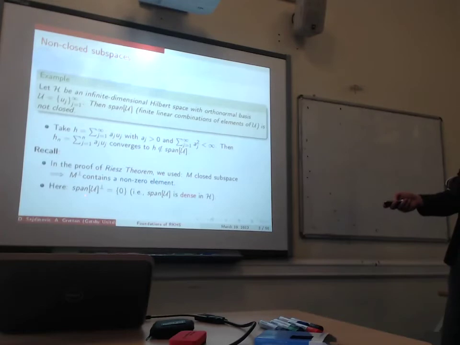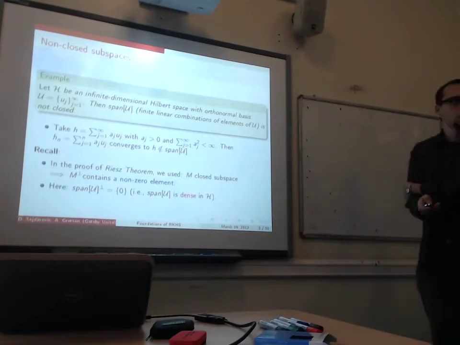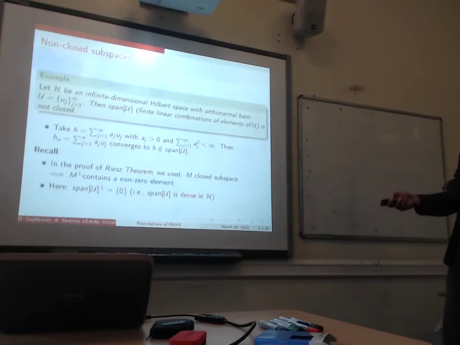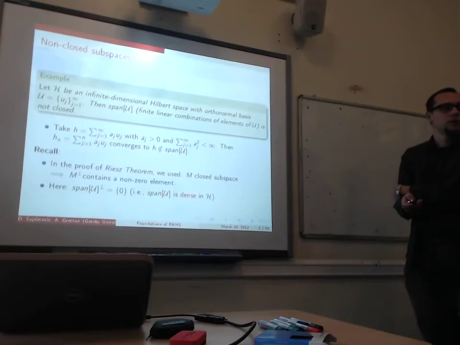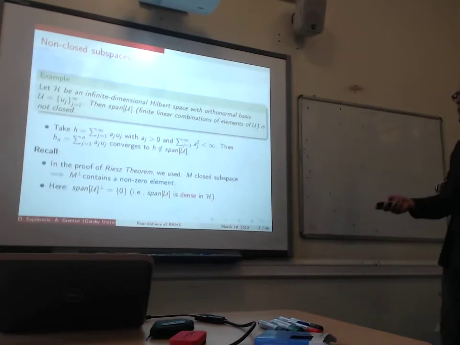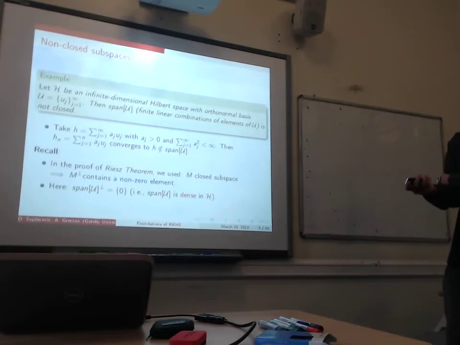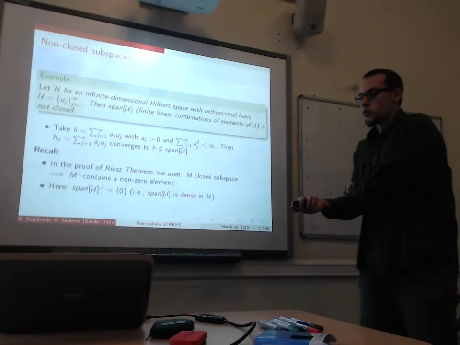And indeed, in this case, if you look at the orthogonal complement of that space, it is 0. And this is what it means to say that a certain subspace is dense in the original space: when its orthogonal complement is 0, or when its closure is actually the entire space. Okay, so those are examples.